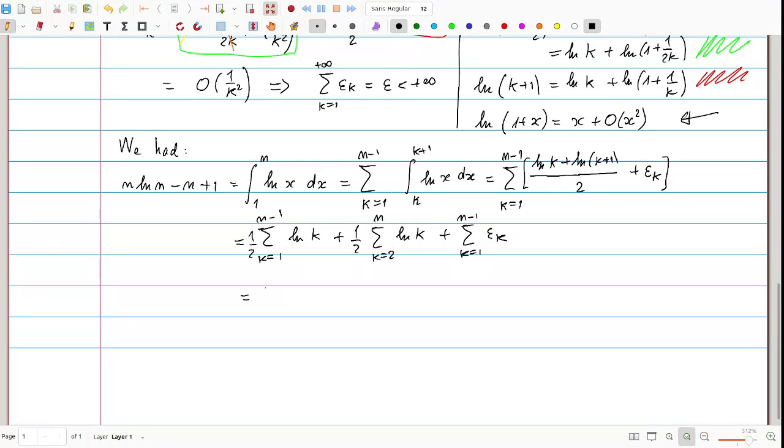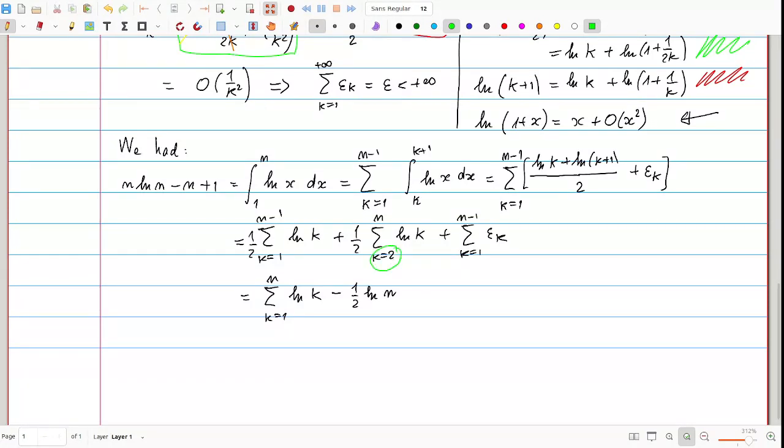So this is the sum of the logarithm of k from 1 to n, but we are missing a term here, so we have to remove 1/2 logarithm of n, because we are missing here the last term.